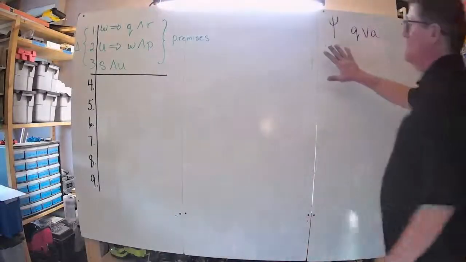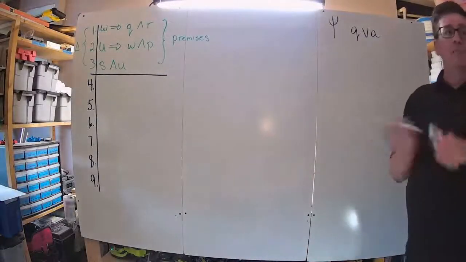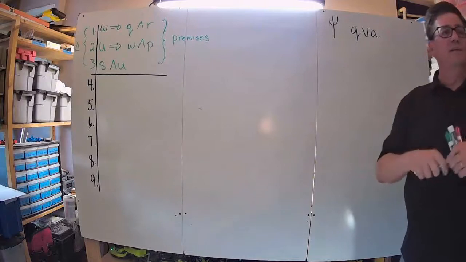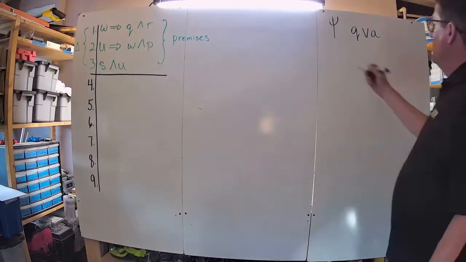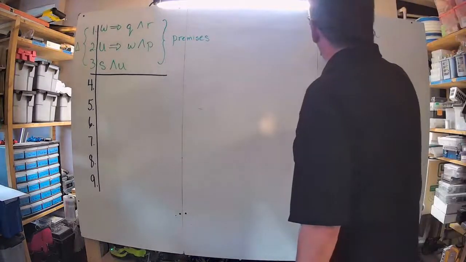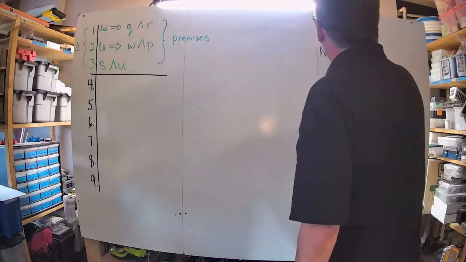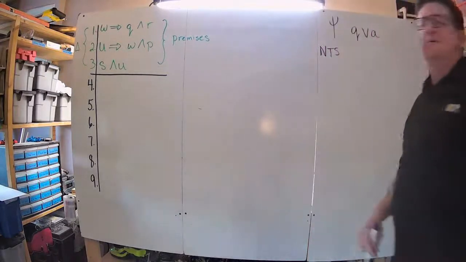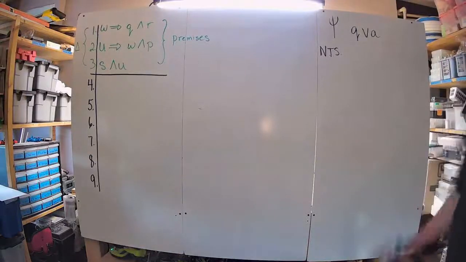When I'm over here, I'm going to first start, and I'm going to write some metacognitive thoughts down. And I'm going to call them notes to self, and I will abbreviate it as NTS. That's a note to self.